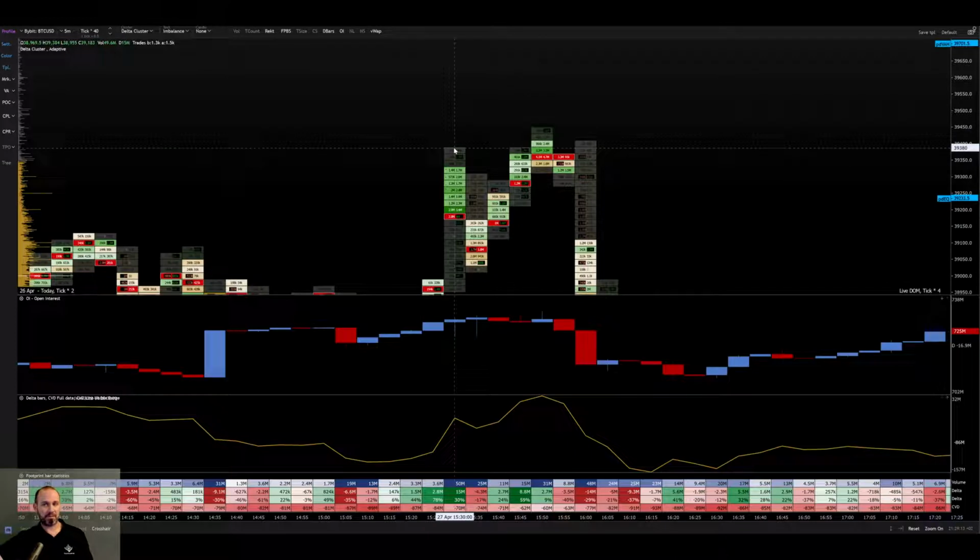So the price makes this higher high, small rejection, the price comes up once again, but you can see here the volume is decreasing. So we're going up on 50 million, and then we're going up on 31 million, right? So someone shorted here. Most of the time you'll see the stop loss somewhere in this area.